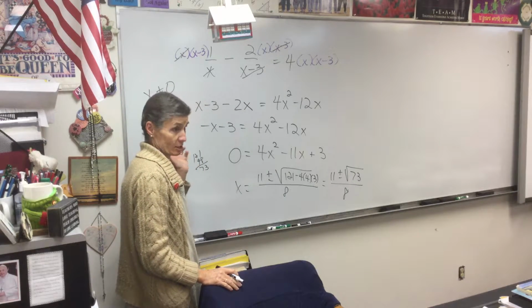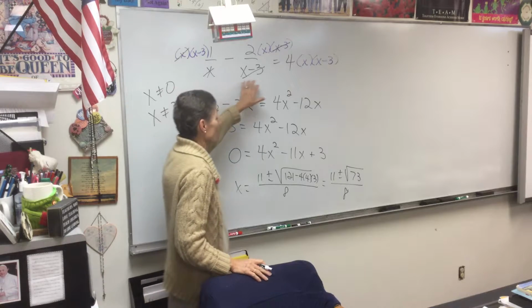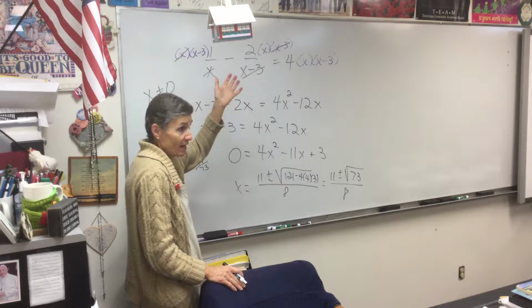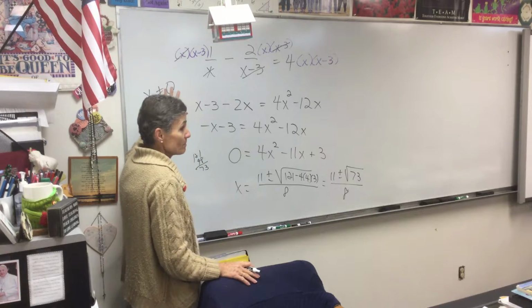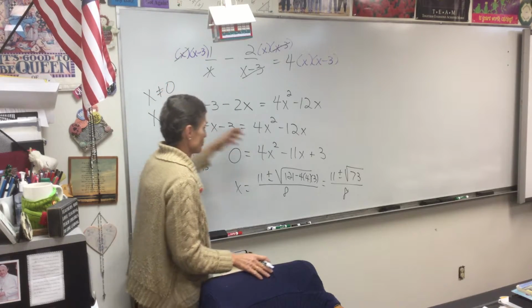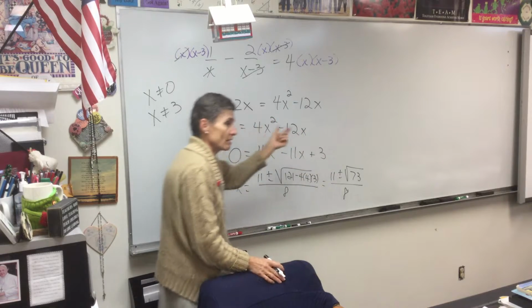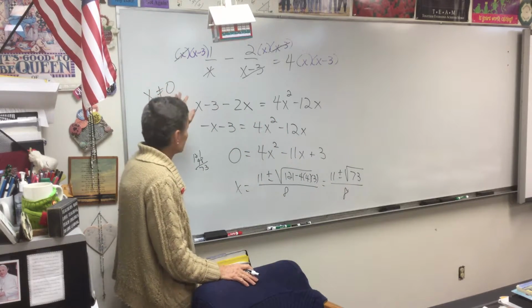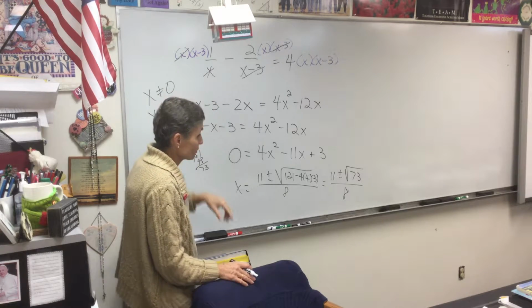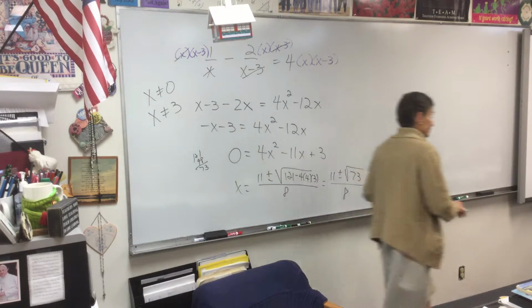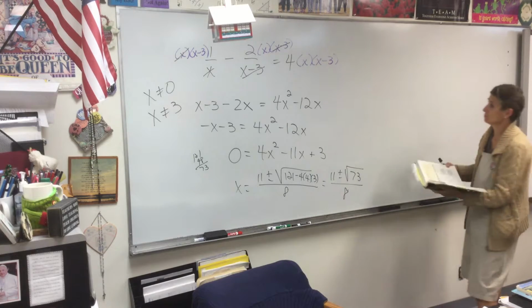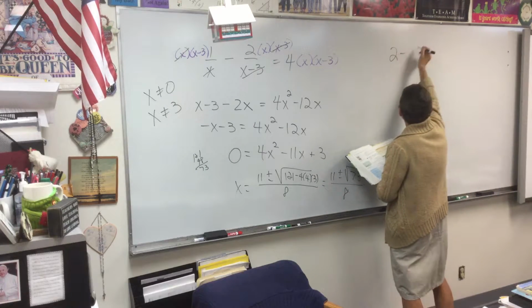Those are called excluded values, and they're excluded right from the beginning, because if x was 0 or 3, you'd be undefined. Well, it's fine, they didn't turn out to be answers, but if they had, I would have to throw them out. All right, that didn't seem so bad, did it? Let's try another one.